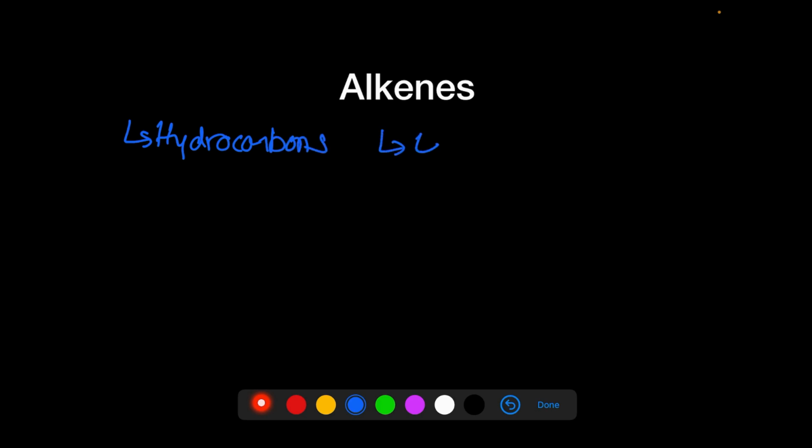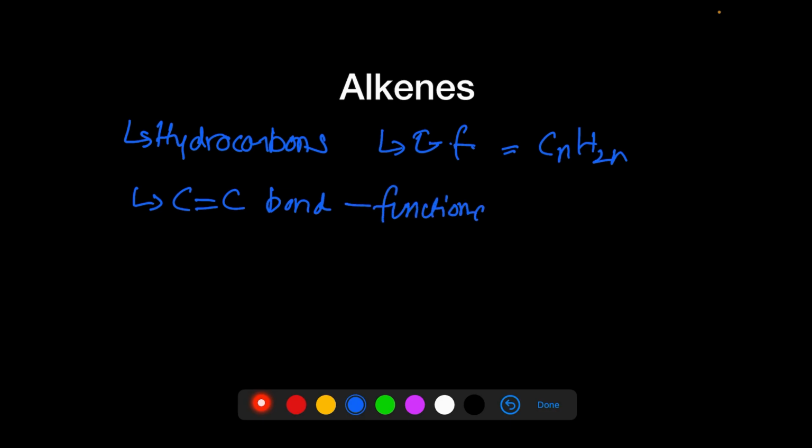Their general formula, the GF over here is general formula, not girlfriend, is CnH2n, and the C=C bond is the functional group. You notice this is C double bonded, right? That means this is unsaturated.